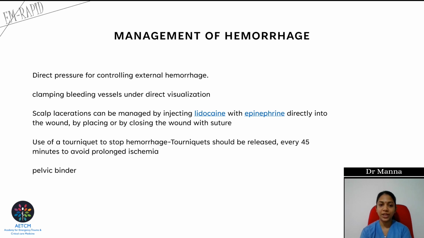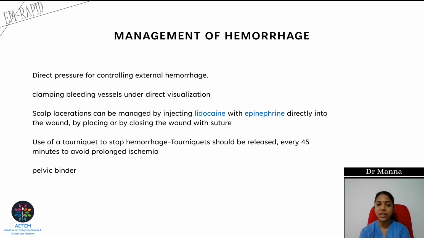When it comes to management of hemorrhage, if there is an external hemorrhage or any compressible hemorrhage, we can give direct pressure and control the bleeding. If the bleeding vessel is visible, we can clamp the vessel by direct visualization. If it is bleeding from a scalp laceration, we can directly suture that, or we can inject lignocaine with epinephrine directly into the wound.